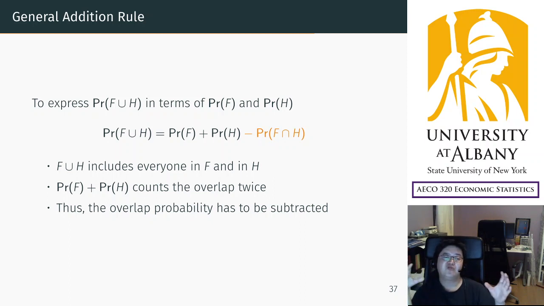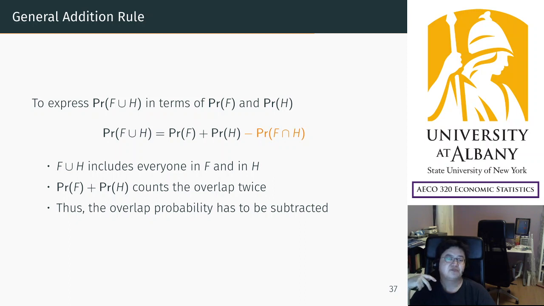because when you take the union, you include all the outcomes in either F or H. So there may be some outcomes that are included in both of the events. When you simply sum two events, the outcomes included in both events are added twice.